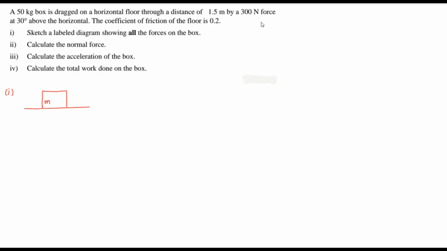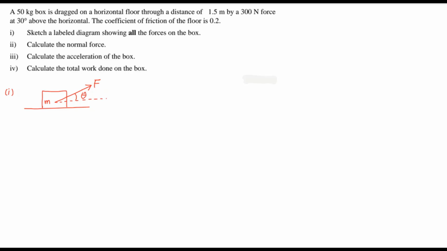First we draw the box on the floor, and from the question we know there are 4 forces acting on the box. The first one is of course the applied force, F, and it is applied at 30 degrees above the horizon.